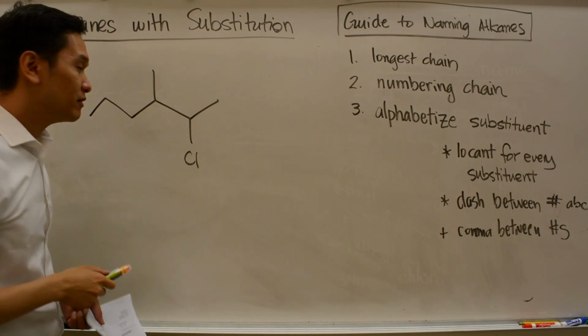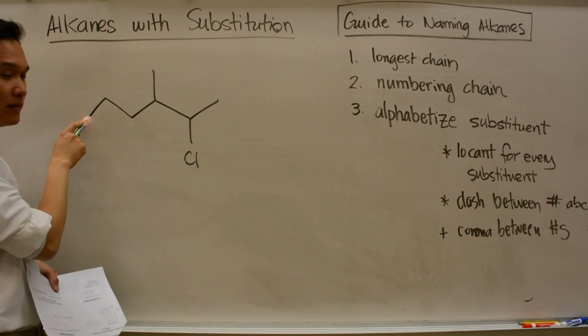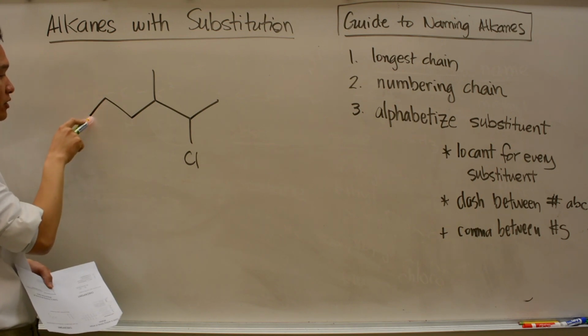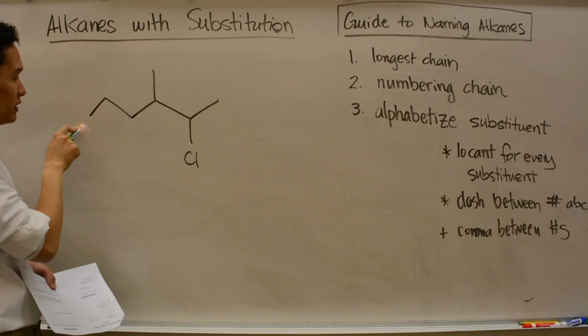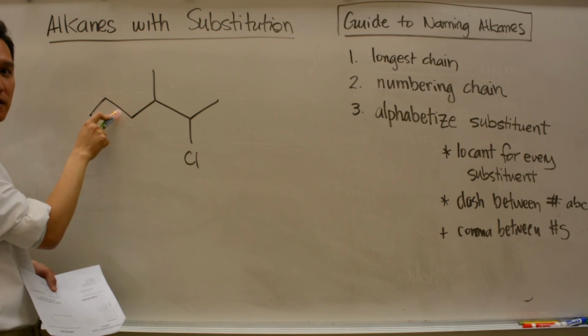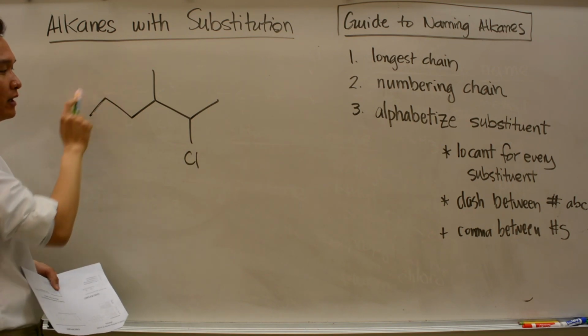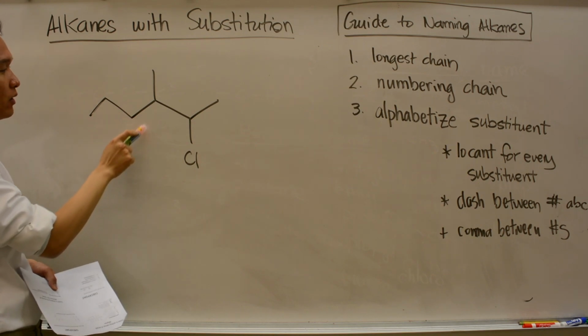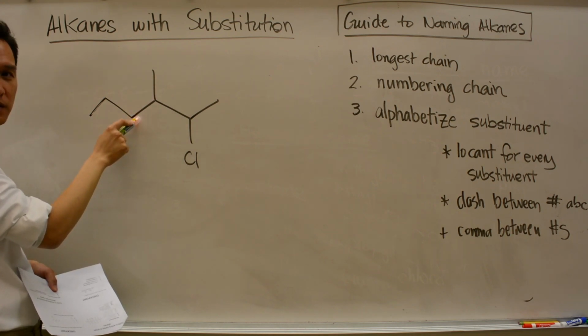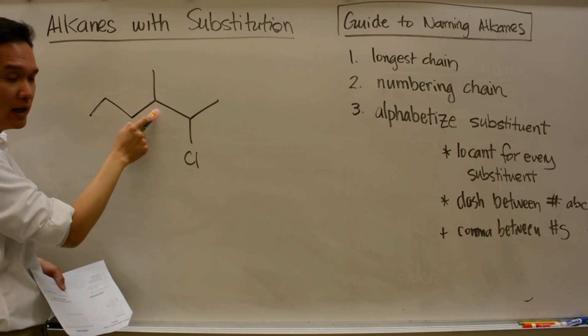How many hydrogens? Well, this carbon has how many hydrogens attached to it? It has only 1 bond, so it must have 3 more hydrogens. How about this carbon? It has only 2 bonds, so it must have 2 more hydrogens. How about this guy? 2 more. How about this guy? This carbon is connected to 3 other carbons, so it must have only 1 hydrogen left.